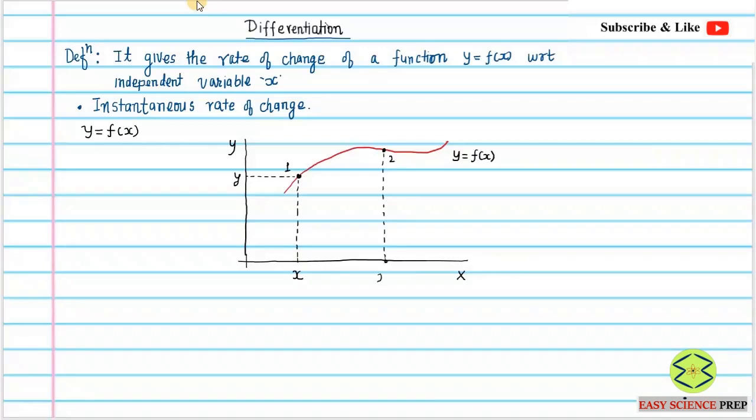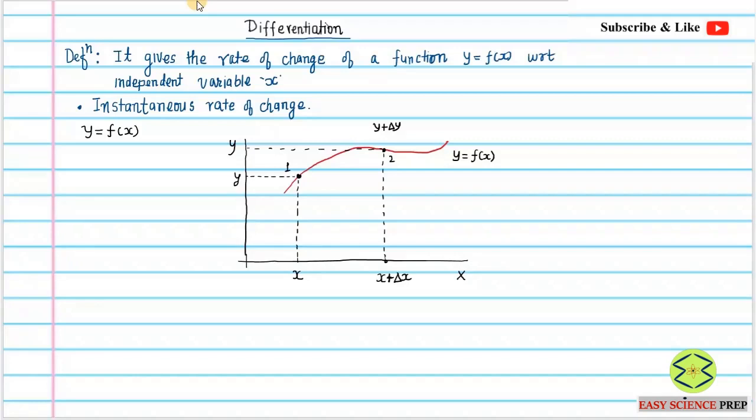So I will call this x plus change in x, that is delta x. Correspondingly you will have the y coordinate over there, and that y coordinate is going to be y plus delta y.